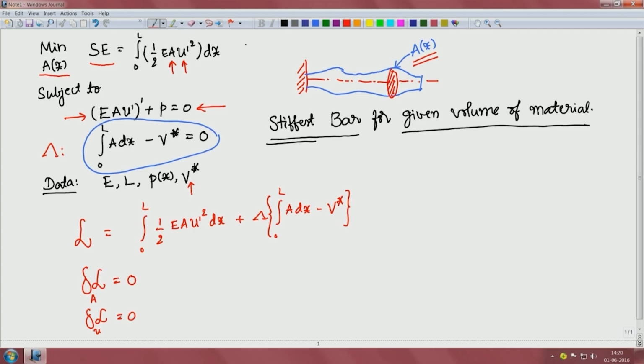That is what we had discussed earlier, where the integrand is, from 0 to L, half E A u prime square plus lambda A, all of this is the integrand, and then I have minus lambda V star, which is just a constant. V star is given, lambda is an unknown constant, and this is our integrand, normal f.